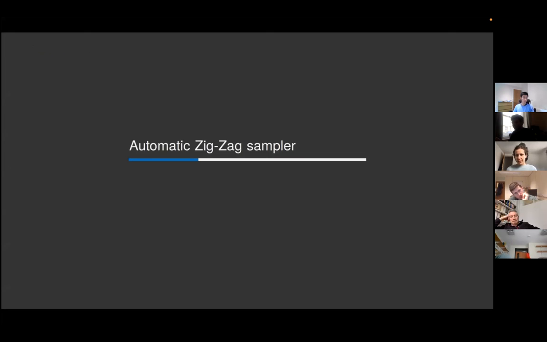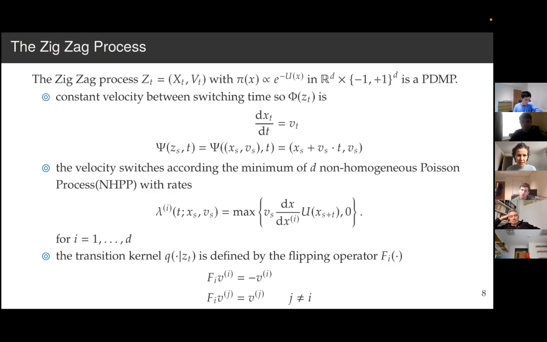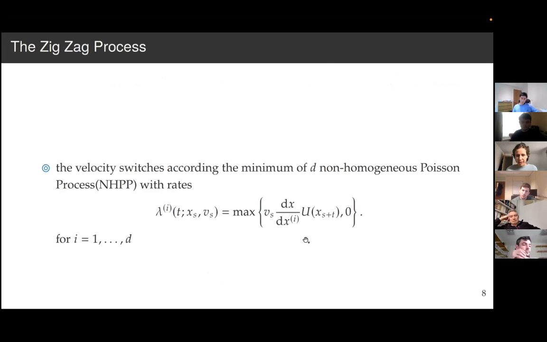How do we make this automatic? Well, first, what do we mean by automatic? We mean something that can be blindly applied to a desired target density. We have seen these three ingredients, and the really problematic bit is the non-homogeneous Poisson process proposal of the switching time. It's problematic for two reasons.